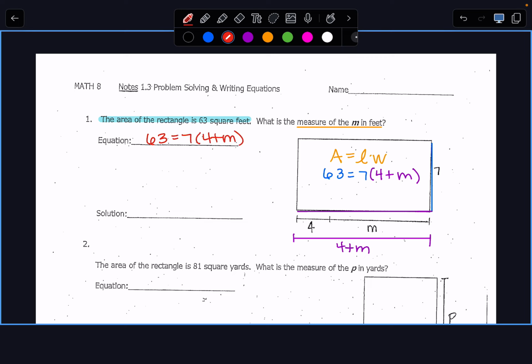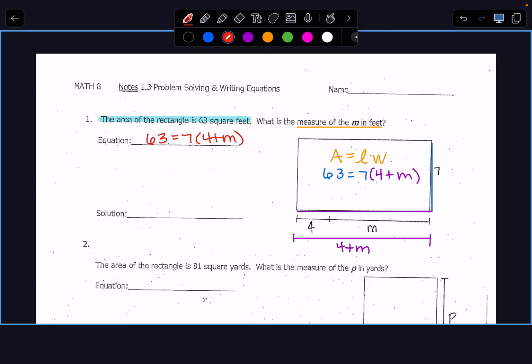Do you have a question as to where we got any of that? 63 we got from where? 63 was the area. They gave that to us. Why did we write 7 times (4 plus M)? Those are the two sides, right?